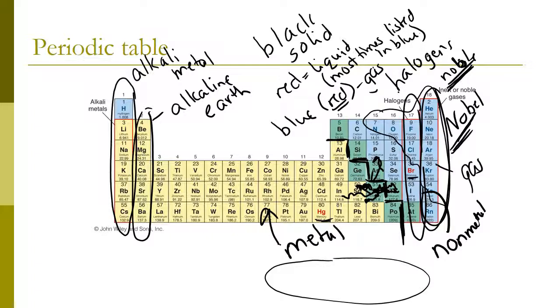And if it's in green, it's also what's called a metalloid. Let me see if I can write it up here. Also metalloid. So if it touches that dividing line between metals and nonmetals, except aluminum, all of the rest of them are considered to also be metalloids.